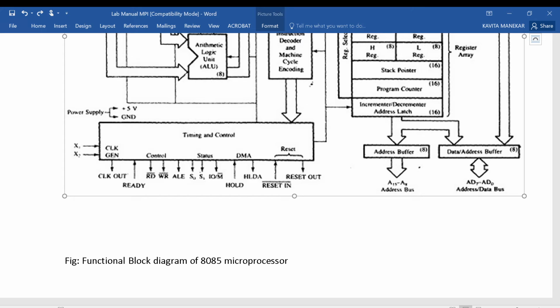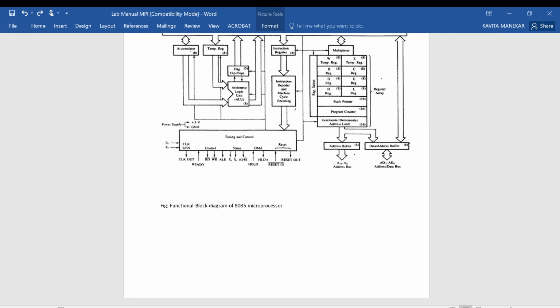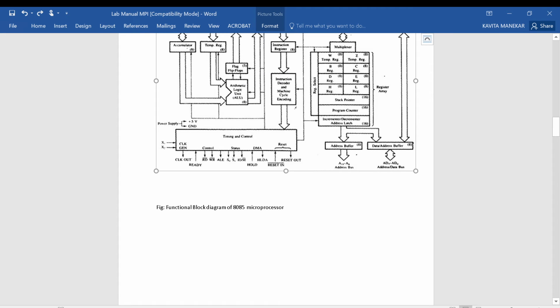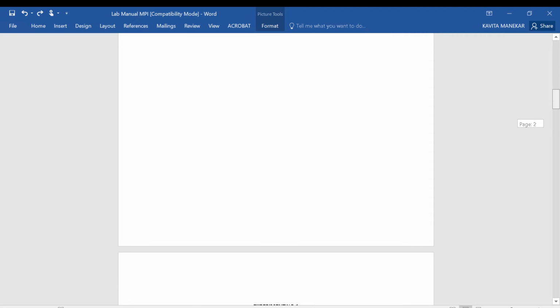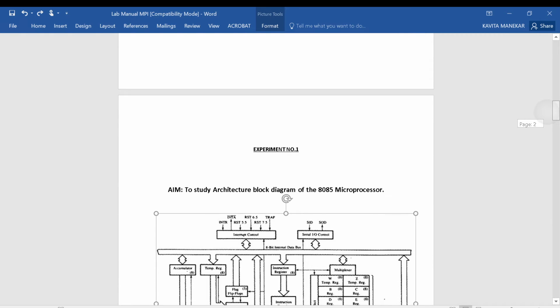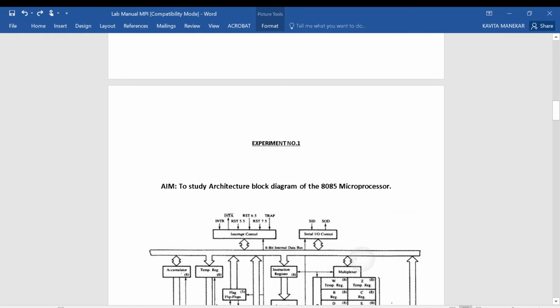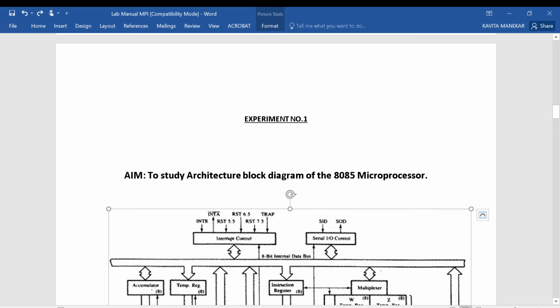The next type of signal at the processor is serial input output signal, which we can see at the upper side on the 8-bit internal data bus. This is a serial input output control.